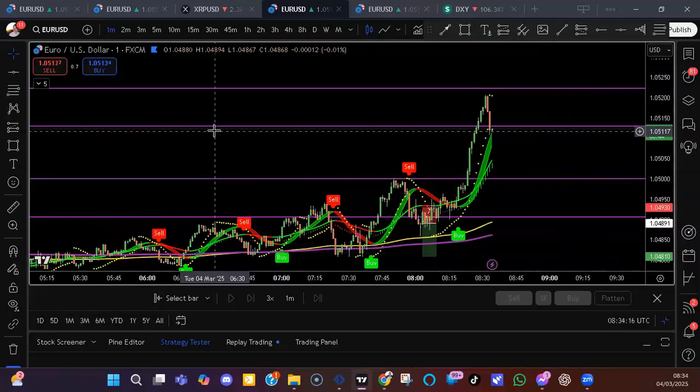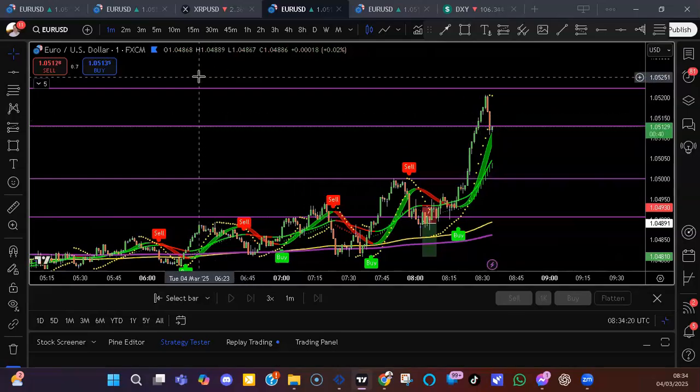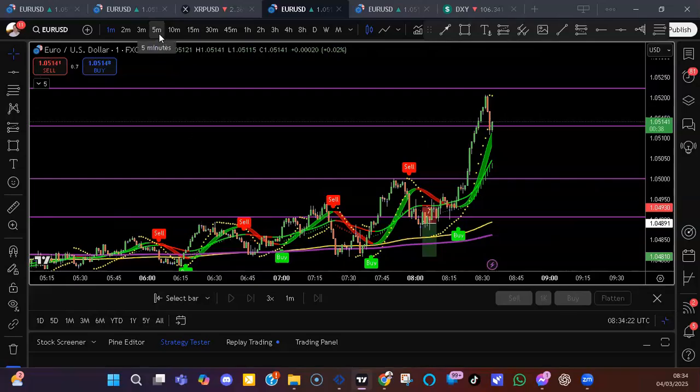So while all that's going on, what I wanted to do was we backtested the EUR USD, the US 100 at 6 o'clock in the evening last night.